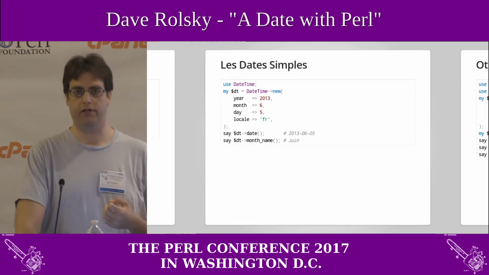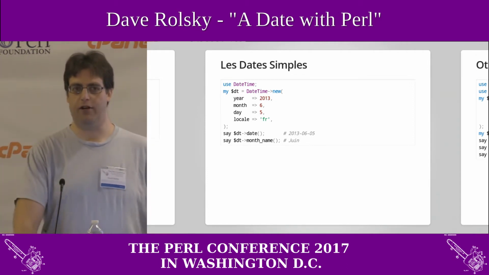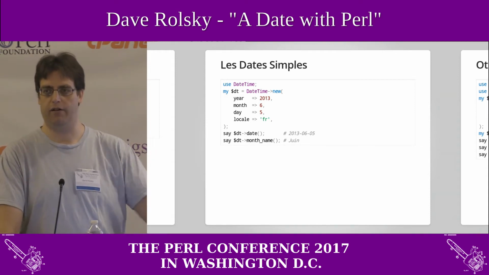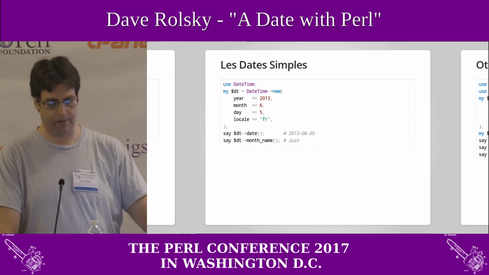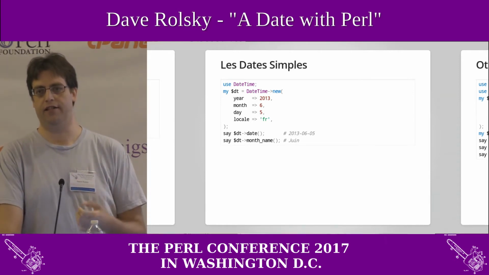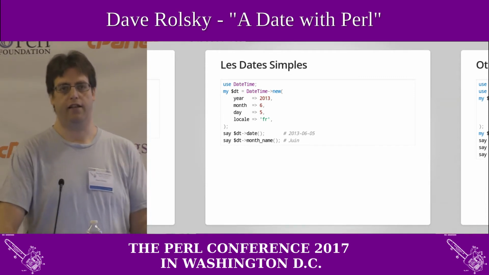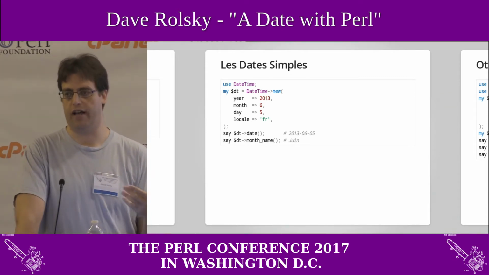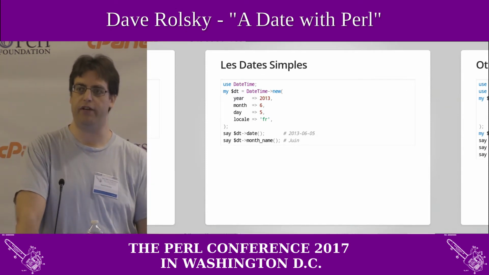But we can also do this in French. So if we add a locale of fr, that's saying we want the French language, and then we spit out the date. Now that's always the same, but if we spit out the month name, it gives us that in French. And there's actually a lot of information that is localized, things like what day is the start day of the week, the names of all the different things, and you can also get abbreviated names.